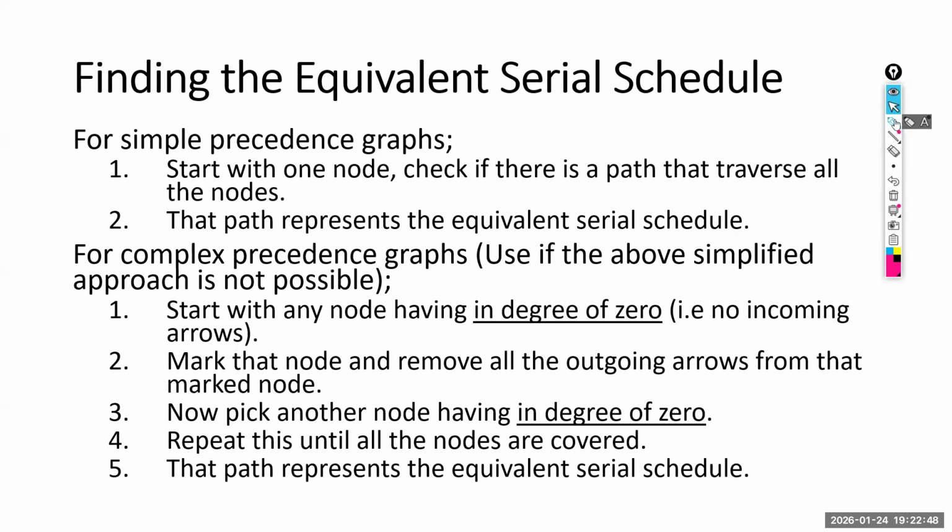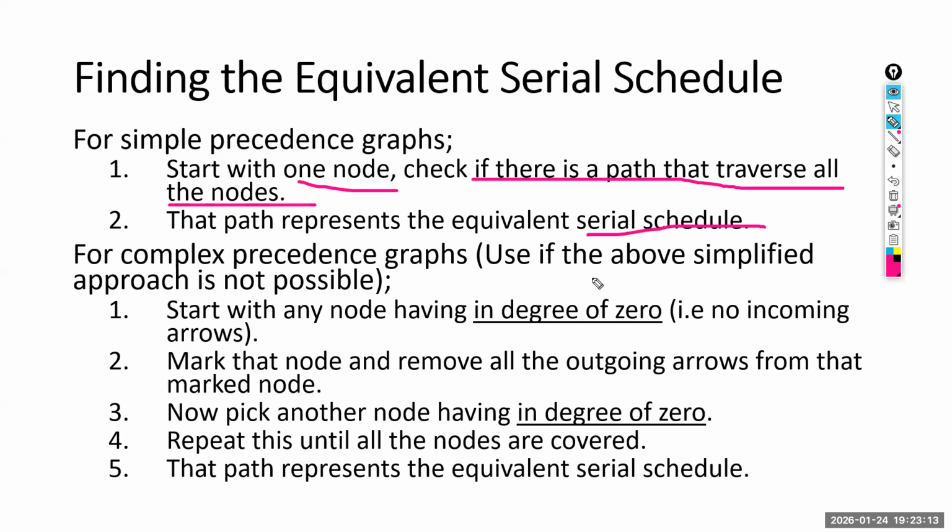For a simple precedence graph, how do you find the serial schedule? Start with one node and check if there is a path that travels all the nodes. That path is the equivalent serial schedule. But there can be complex situations where you can't find it straight away like that.